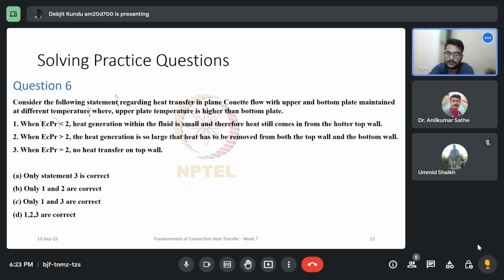Statement 2 says, if Brinkman number is greater than 2, the heat generation is so large that heat has to be removed from both walls, the top wall and the bottom wall. And statement 3 says, when Eckert number into Prandtl number, or Brinkman number, is exactly equal to 2, there is no heat transfer on the top wall, which is the hotter one.